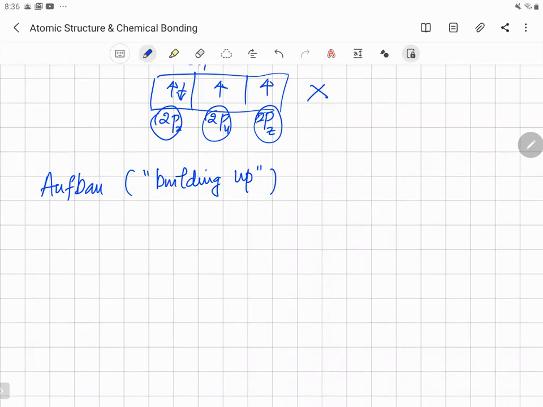So can someone tell me what is the Aufbau principle? Electrons enter the various orbitals in the order of increasing energy. Yes, electrons are filled into atomic orbitals in the increasing order of the orbital energy. Electrons in an atom, right?